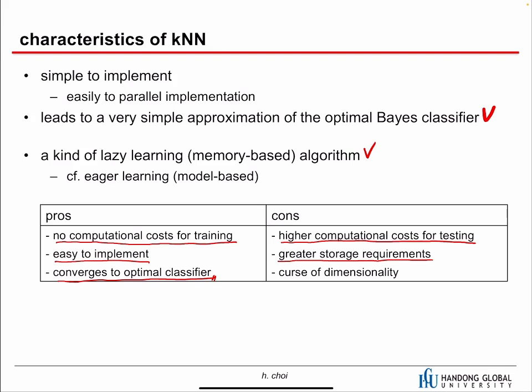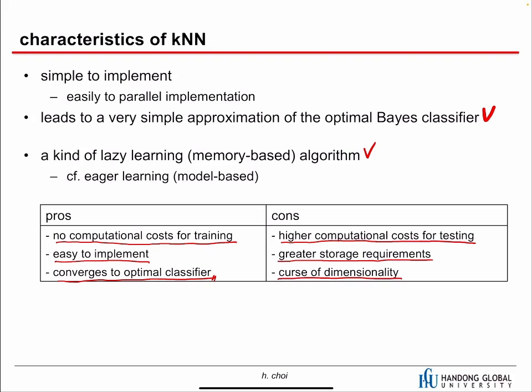And there is a curse of dimensionality, because kNN is not learning any kind of pattern from the training samples. If we have a model and a parameter, then it means we have some assumptions, right?